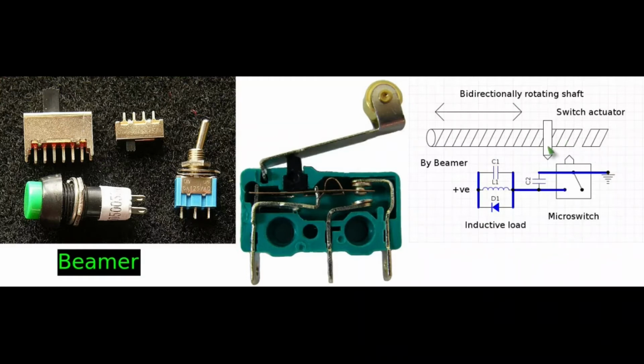When this switch actuator reached this point, the micro switch would flip over, closing its normally open position. It effectively earthed or put 0 volts at this point here that actuated an inductive load.